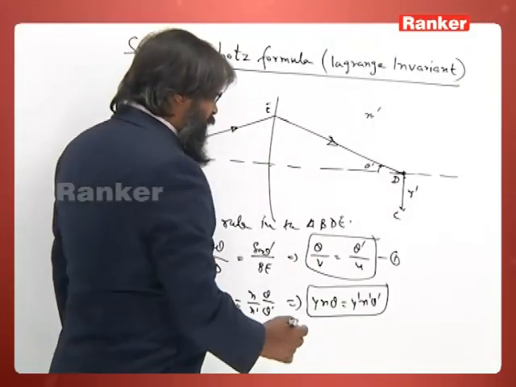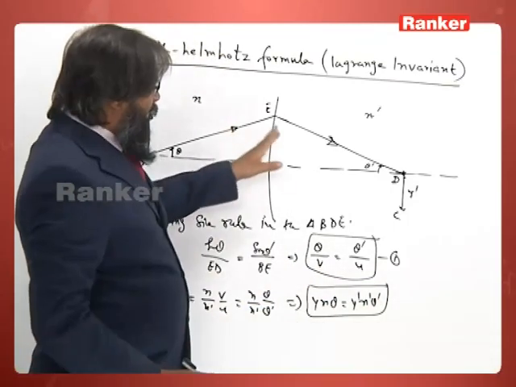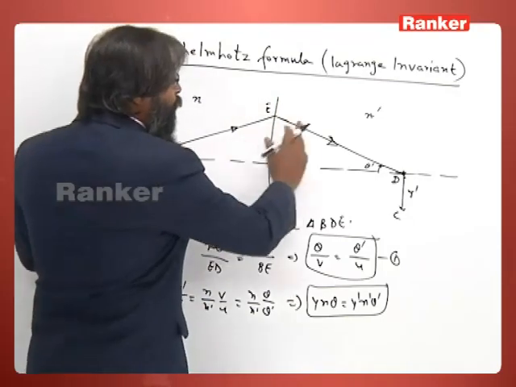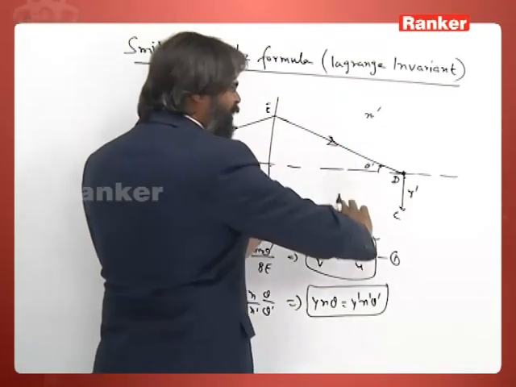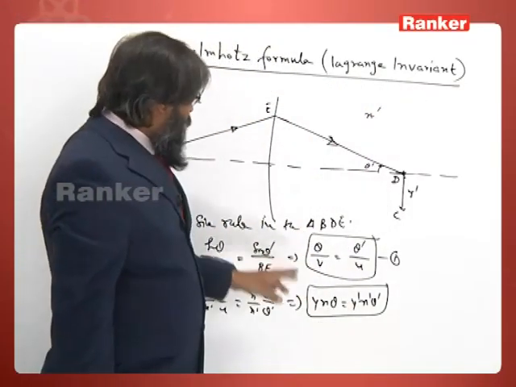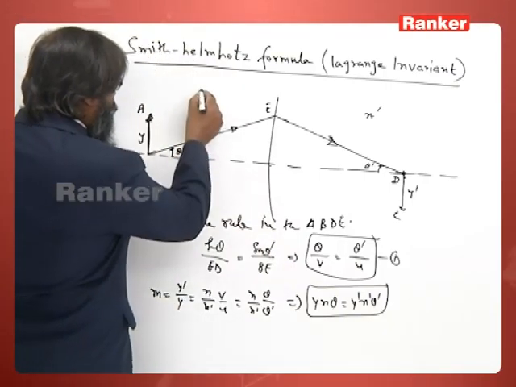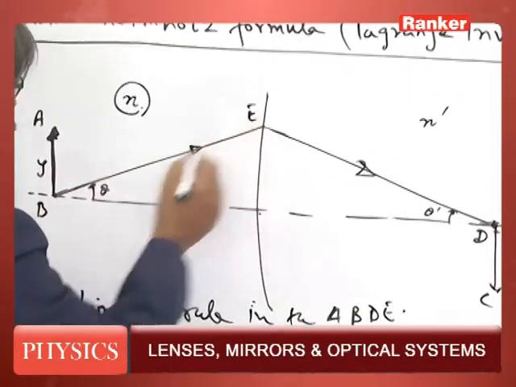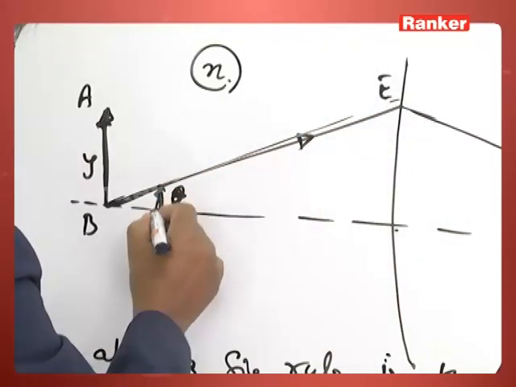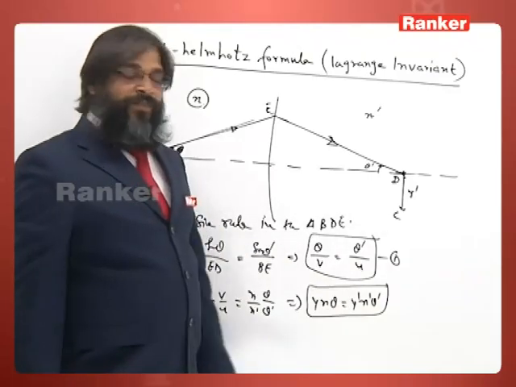So this formula means that if there is a lens system or a composite system, one system, then two systems, then three, then four, what the Lagrange invariant tells us is that in any system, the height y times the refractive index and the sine of the angle the paraxial ray subtends will remain constant.